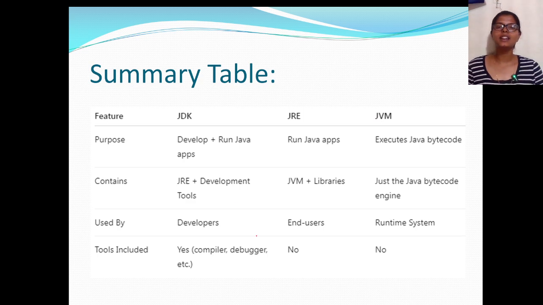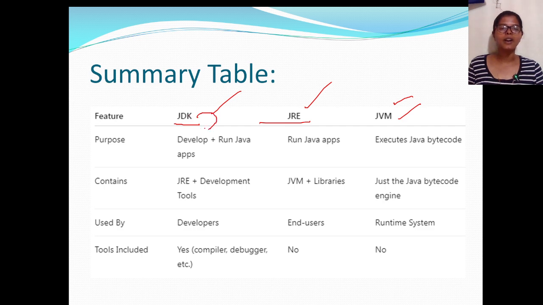So finally, let's discuss a summary of these three: JDK, JRE, and JVM. The full form of JDK is Java Development Kit. JRE is Java Runtime Environment. JVM is Java Virtual Machine. JDK is used to develop an application and run the Java app.